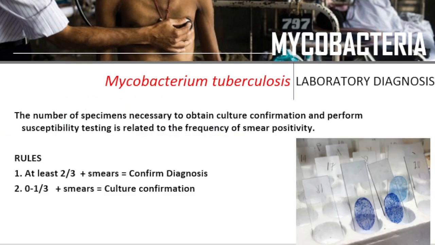So the number of specimens necessary to obtain culture confirmation and perform susceptibility testing is related to the frequency of smear positivity. Remember, three specimens should be submitted by the patient. Before that, the specimen must be tested by direct sputum smear microscopy or DSSM.